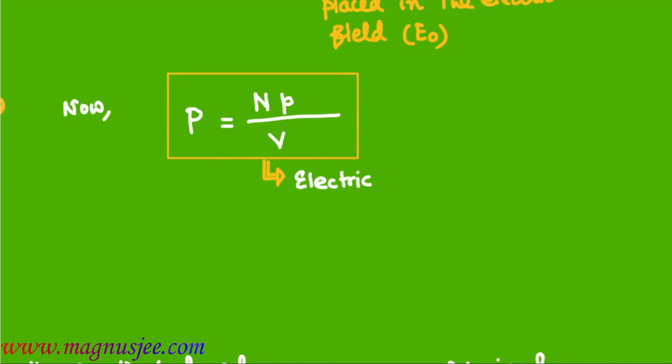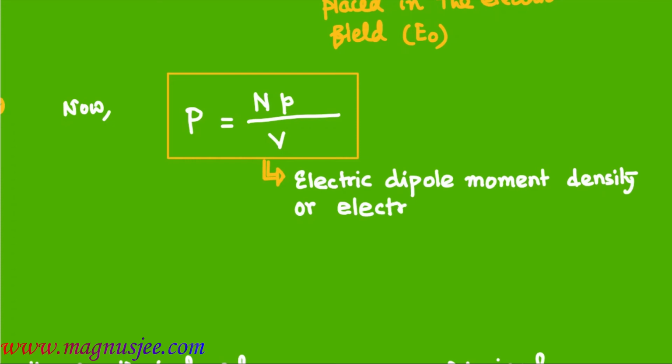This is called electric dipole moment density, or electric dipole moment per unit volume of the material.